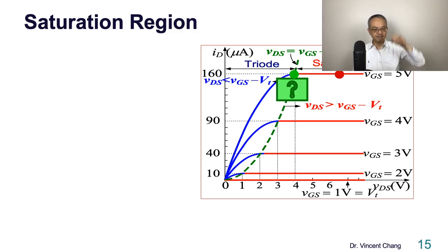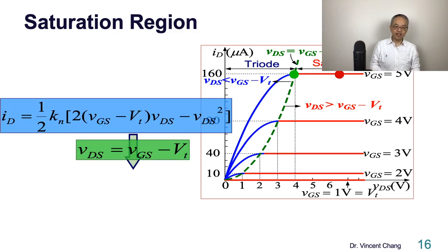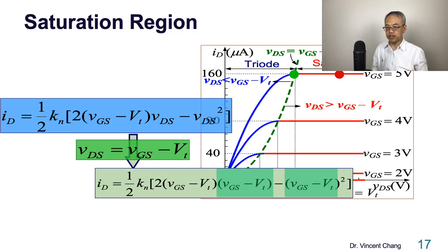The height of the red point equals the height of the peak point, the green point. So the height of the parabola equals the current of the saturation region. That's it. We can replace VDS by VGS minus VT.